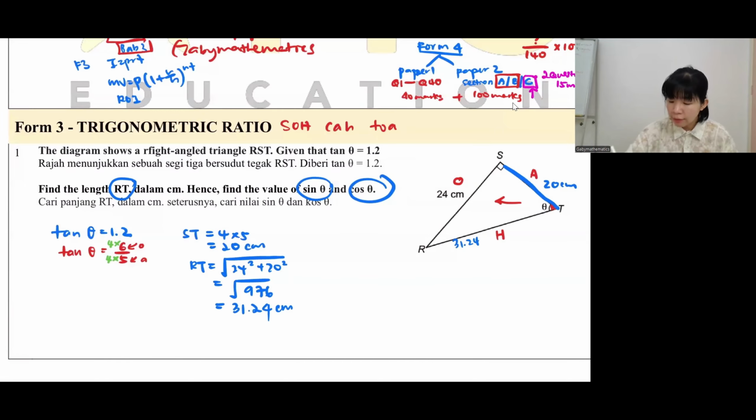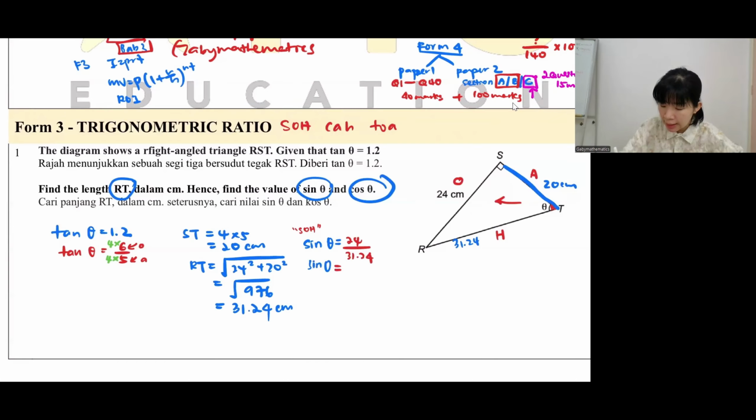So now we still have to find sine theta and cos theta. What is the value of sine theta? Sine is SOH, so we are taking O over H. O is 24, H is 31.24. We divide: 24 over 31.24.